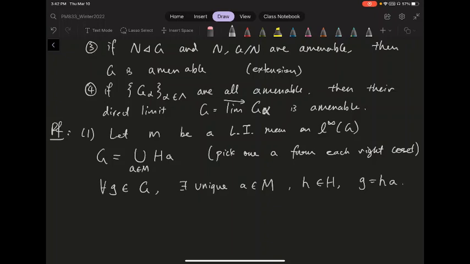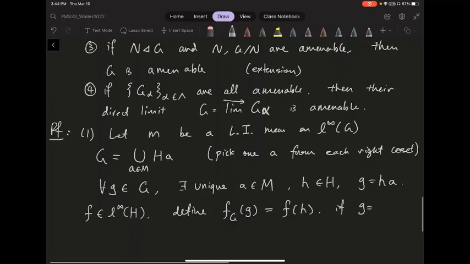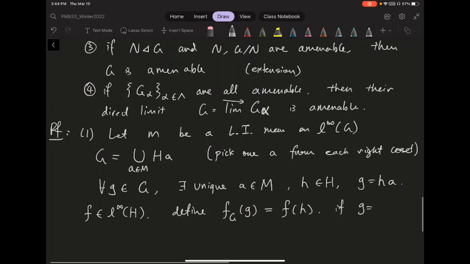So now this is basically giving you an idea how you lift from the L infinity of H to the L infinity of G. So what you do is that for every f inside the L infinity of H, you define a new function, lifting it up to an L infinity of G, so that f tilde of g is just equal to f of h, if your g is decomposed as h times a. Okay, so g is h times a.